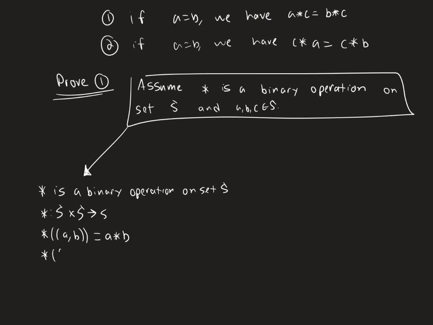Right now I'm just writing down as many facts as I can that may or may not be useful that I can draw from the fact that star is a binary operation on S. Connecting to that previous question, star is a function.